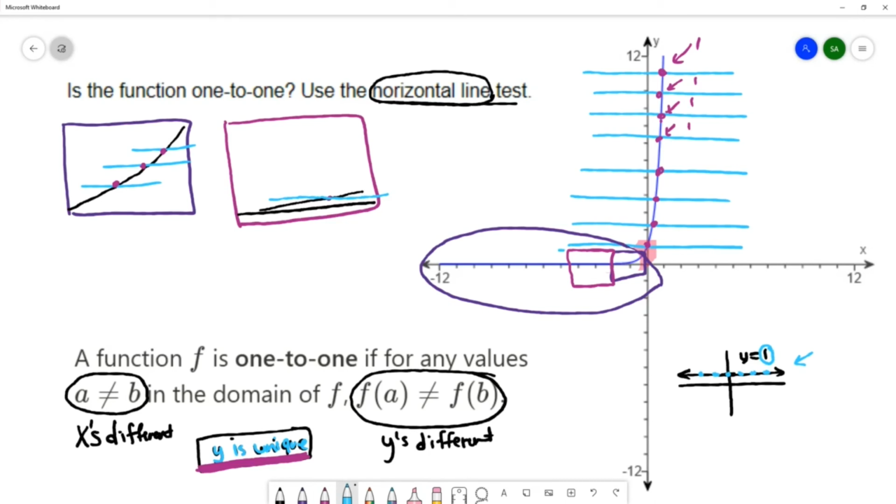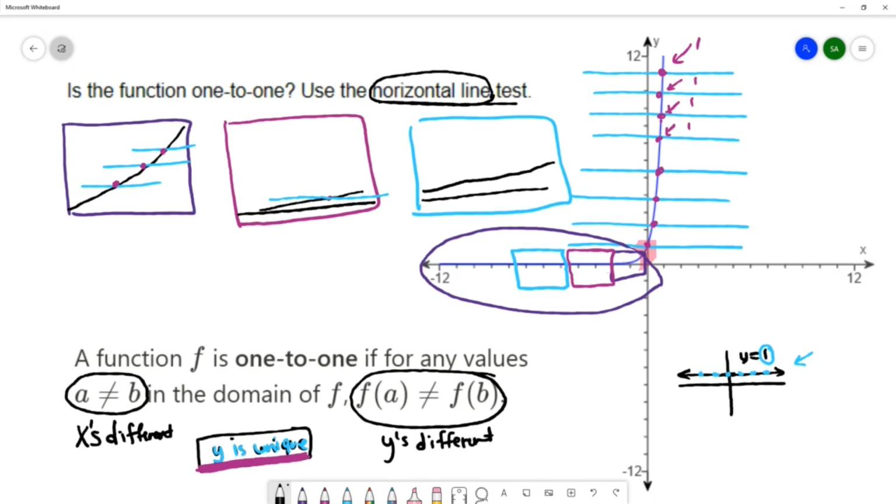And if you continue to zoom in here, that curve is getting more and more flat, but it will continue to go down and down and down. It's going to continue to get closer to your x-axis, but it will never reach it.